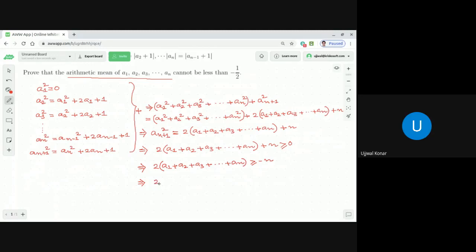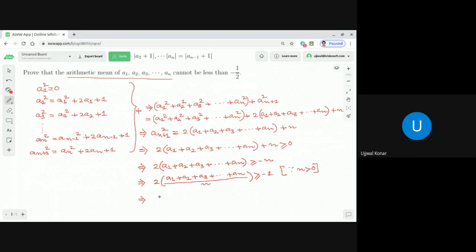Then what we are going to get? 2 into a1 plus a2 plus a3 plus dot dot dot up to an, divided by n, is greater than or equal to minus 1. As a reason or justification, you can write that n is greater than 0. Now 2 is obviously greater than 0, so we can divide by 2 also.